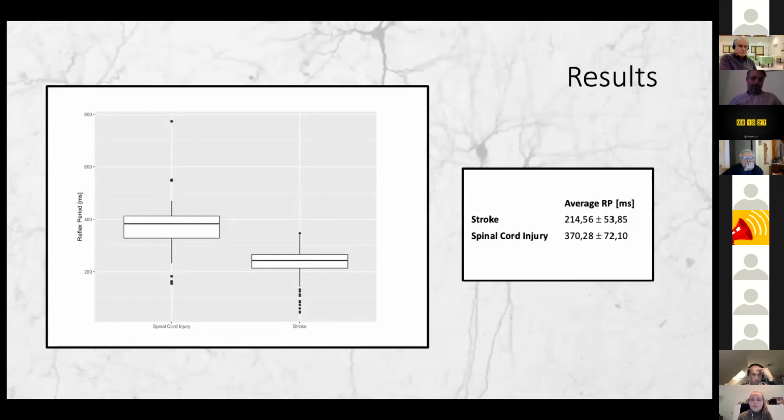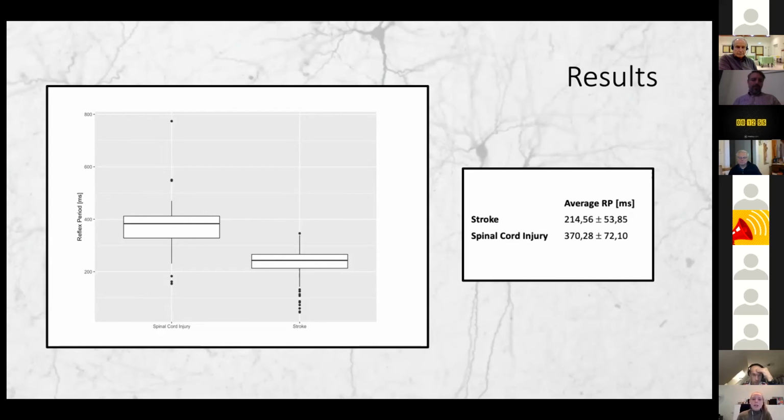And the average reflex period we got for the stroke patients was about 215 milliseconds, whereas the average reflex period we got for the spinal cord injury patients was around 370 milliseconds. So what we can see from this is that we had a smaller reflex period for the stroke subjects, which actually indicates more spasticity.